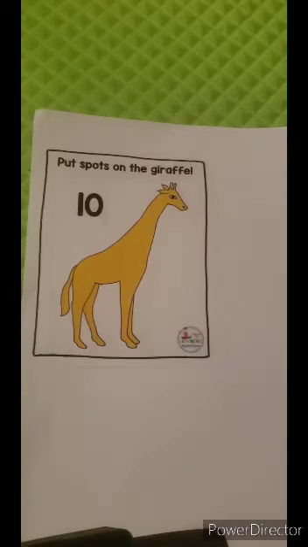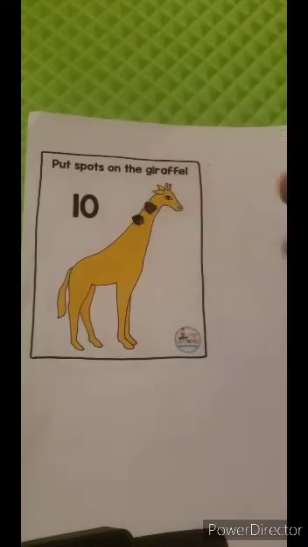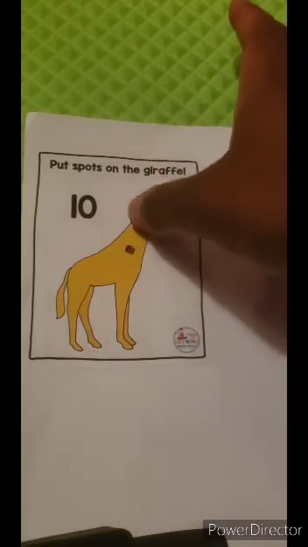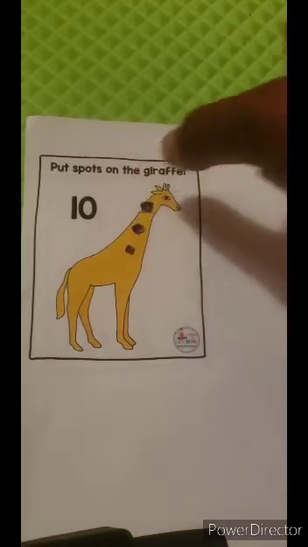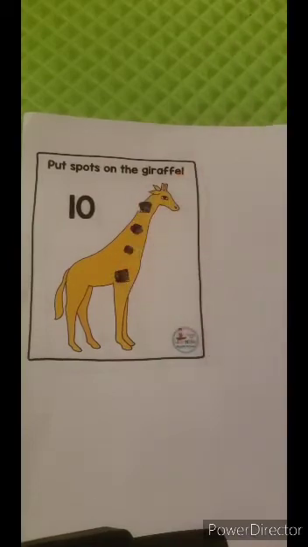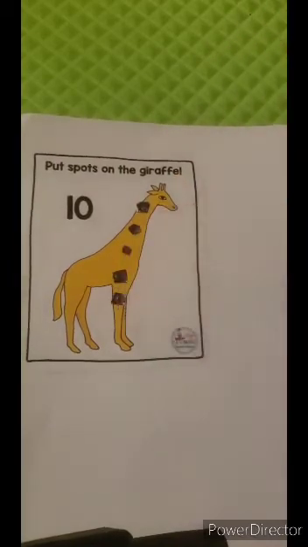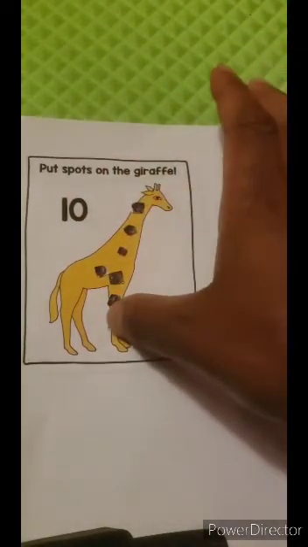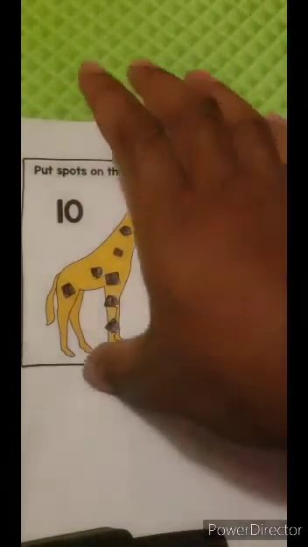So what we're going to do is put that many spots on the giraffe, right? If it's 10, let's put 10 spots on the giraffe because the giraffe needs spots. So let's put 1, 2, 3, 4, 5, 6, 7, 8, 9.